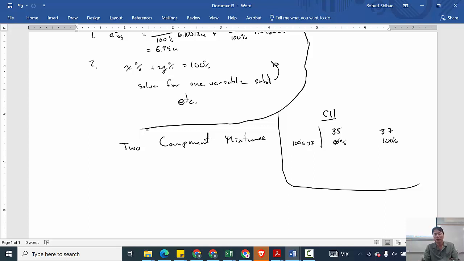Correct? All right, now we do this. That's called an assumption. So we assume it's 100% 37 and the average is 37. Then we're going to take the opposite assumption. We're going to assume it's 100% 35. And so therefore, I'm going to get 100% 35. And what's my percent 37? 0%. And what's the average? The average is 35.